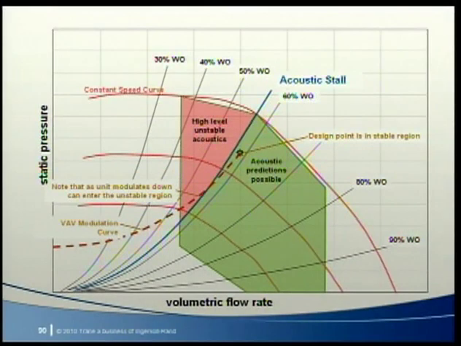As a result, the increased sound is more likely to result in noise. Also consider that unit operation is not constrained to the design point. The design selection point might not match the actual operation point, or the VAV fan unloading curve may cross into the acoustical stall region as shown on the slide.